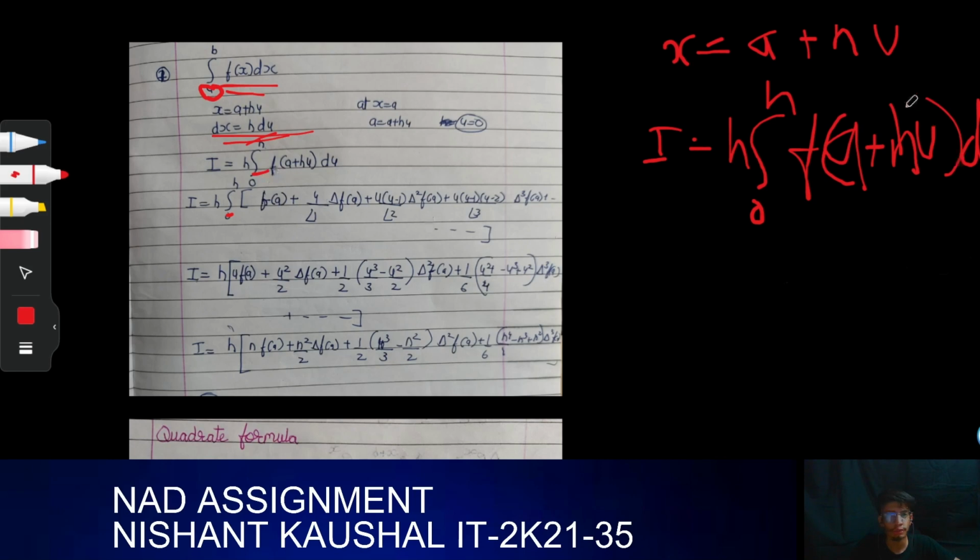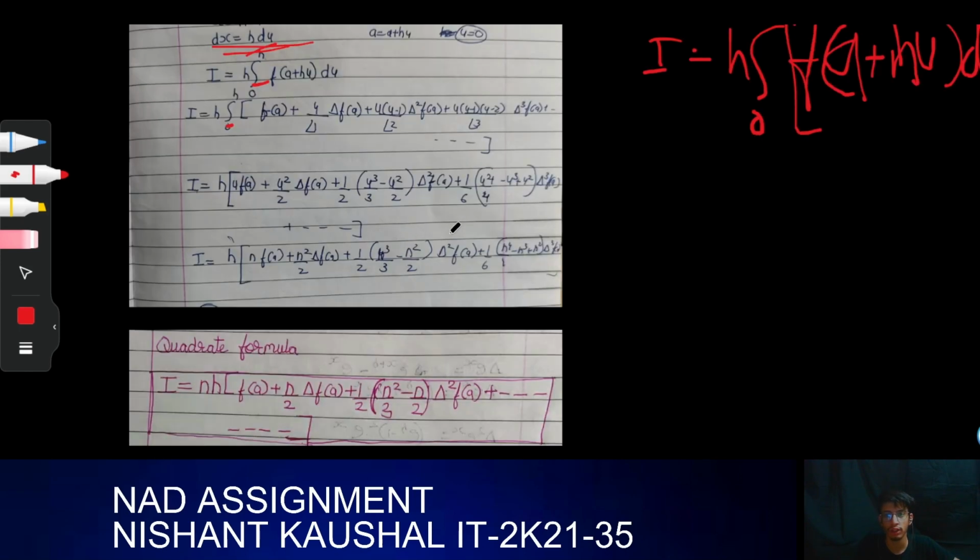Now we will expand it by Taylor's theorem. As we know from Taylor's theorem, this function will become I equals h integration 0 to h f(a) plus u upon factorial 1 forward difference operator f(a), plus u into u minus 1 upon factorial 2 del square f(a), and so on. Now what we can do is integrate all of these terms.